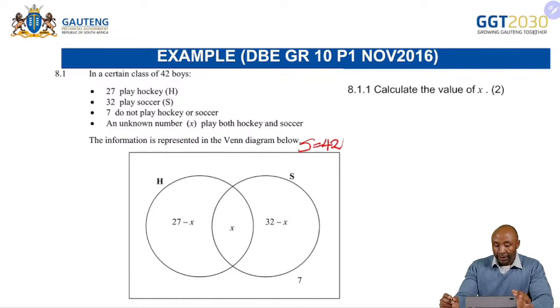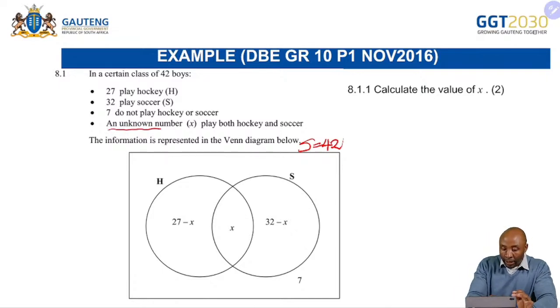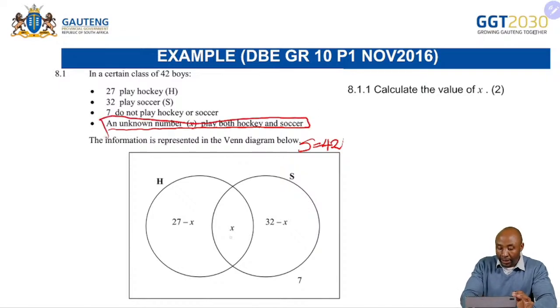And then we are able to see and interpret this Venn diagram correctly. It is always safer for you to represent your information starting with the intersection. In this case, you are able to see that an unknown number of x play both soccer and hockey, so it means that's our intersection. That's why we started with x.